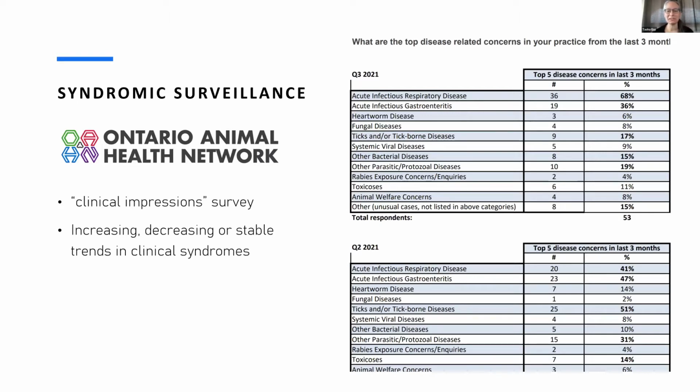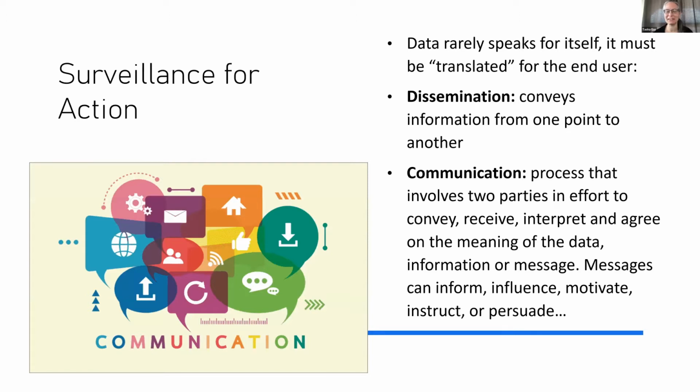But all of those, no matter how you collect the information, it has to then be translated somehow for the end user. A lot of times just taking that data and shoving it back out there without making some sort of message around it, you may not get nearly the usefulness from an action perspective.